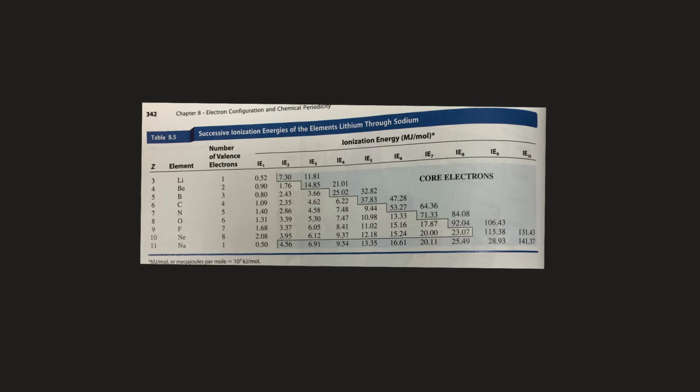What I want you to notice is, first and foremost, the number of valence electrons is steadily going up. So lithium has 1 electron, beryllium has 2, boron has 3, so on and so forth, until you reach neon, which has 8 valence electrons, and then goes back to sodium having 1 valence electron again.